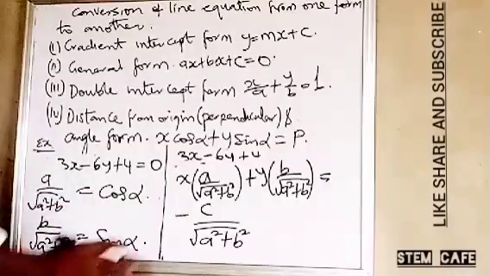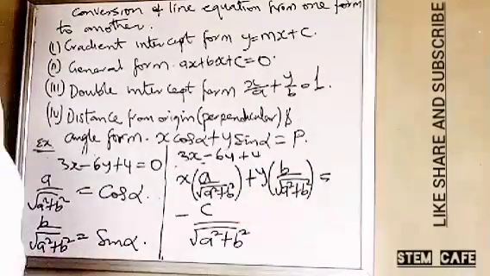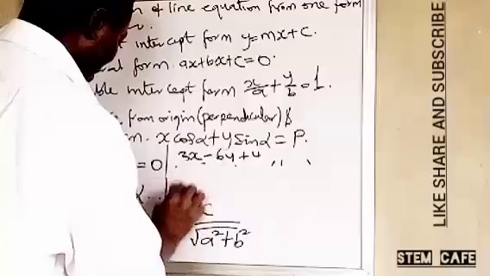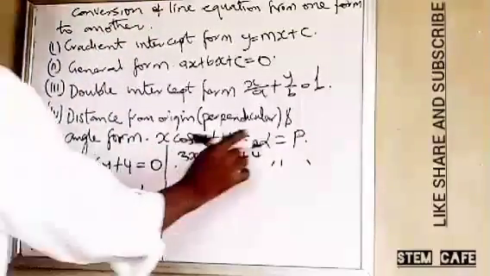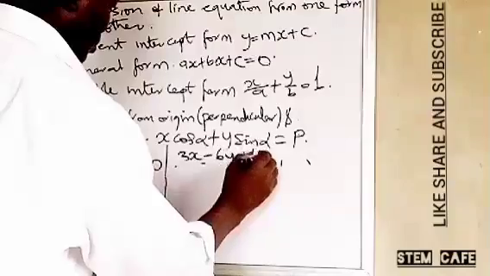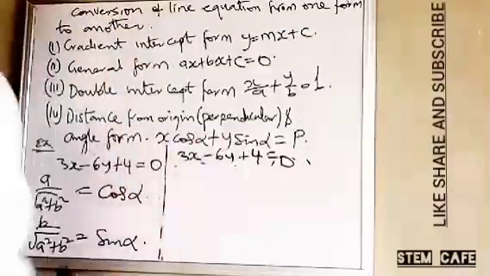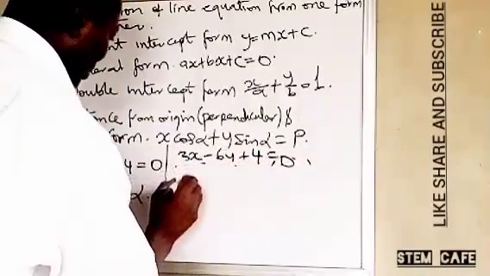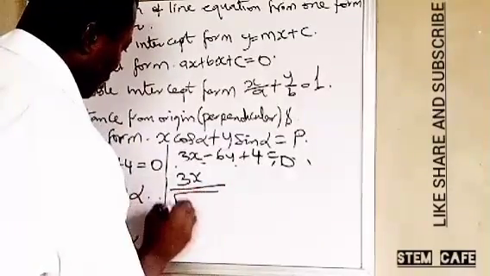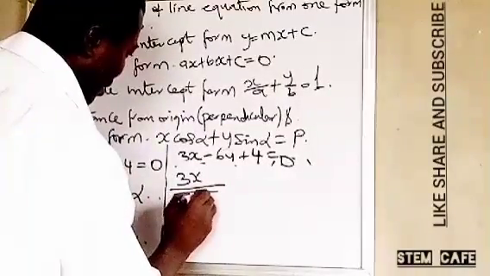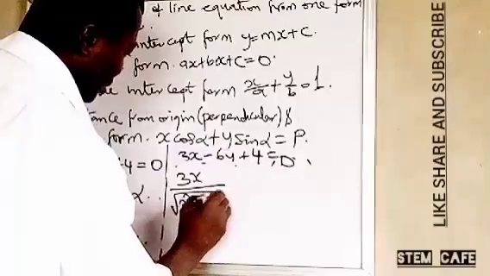So with this, we can easily get our equation straight. Now, if I want to convert this one to that format, I just make it like this: 3x over root of 3 square plus 6 square.